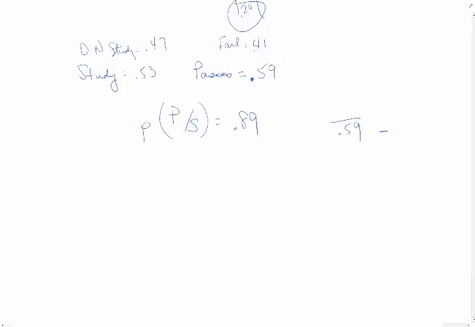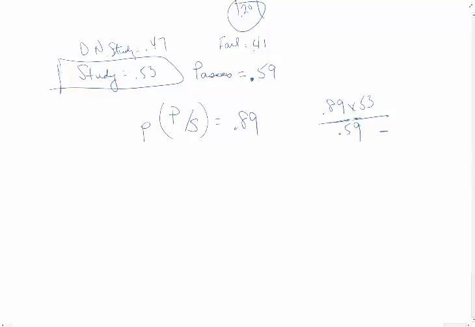What is the probability that a student studied for the class? So, a student studying for the class, we know that pass given studying for the class is 0.89, and we know the probability of studying for the class is 0.53.